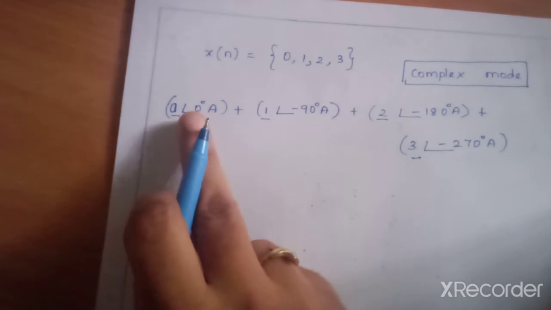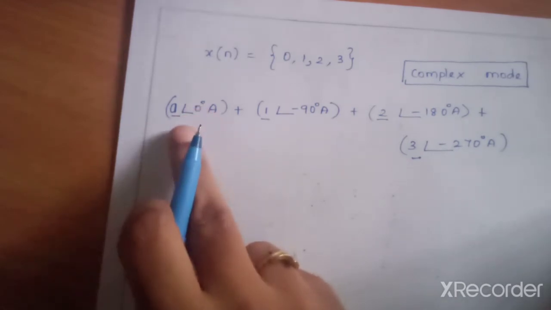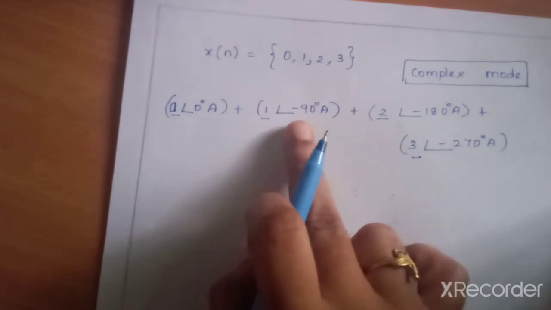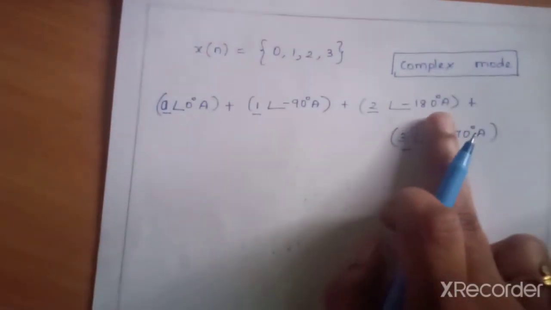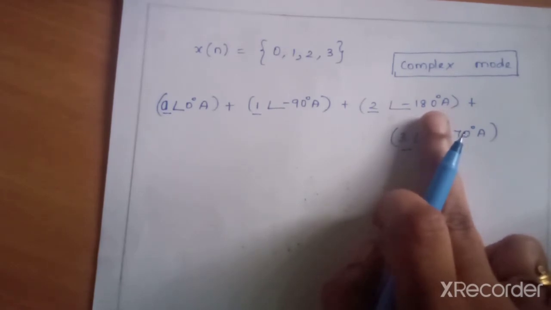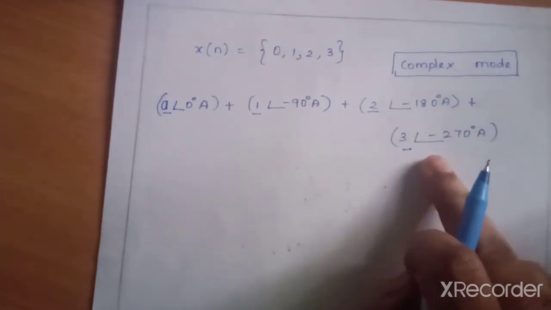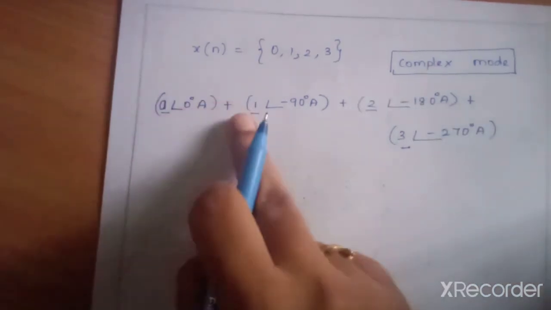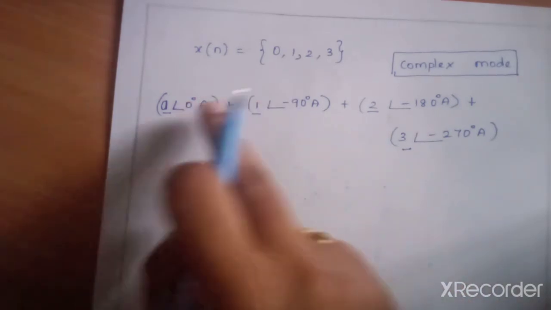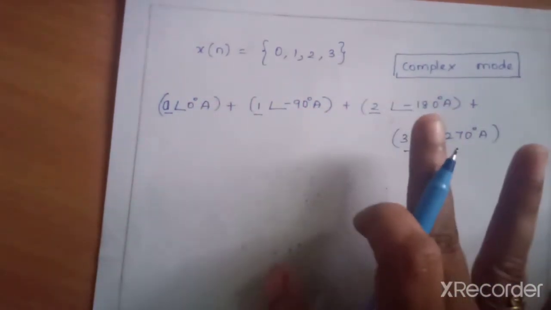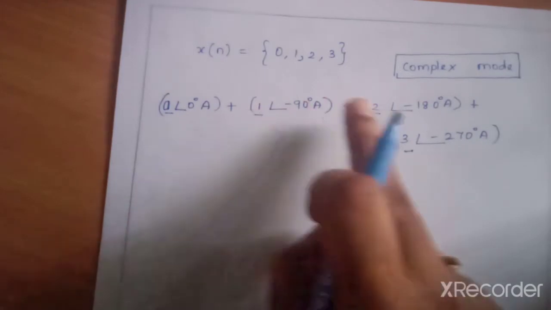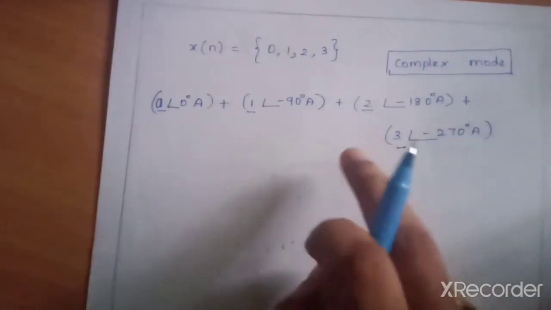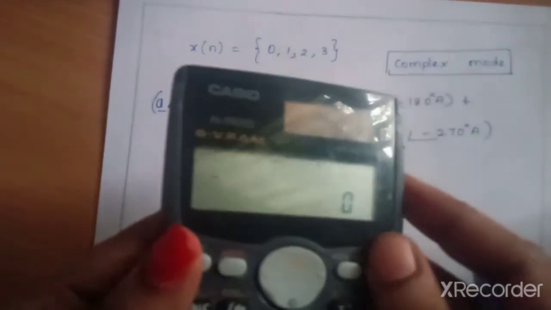For the first value you put the angle as 0 degree, for the second value minus 90 degree, for the third value minus 180 degree, and for the fourth value minus 270 degree. Whatever the x of n value, the angles will be the same for all problems. You only have to change the x of n value according to your given problem. So first take the calculator.